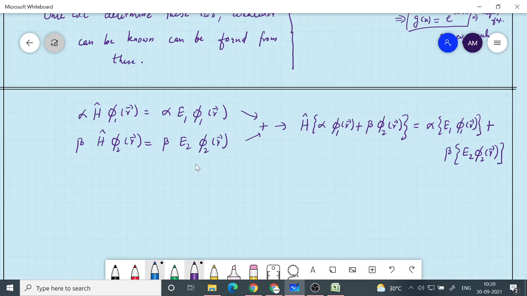So what does that mean? It means that if we have two solutions, a linear combination of the first solution and the second solution is also a solution.